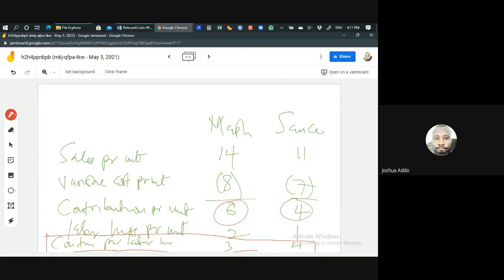Okay. So you can see that sauce has the bigger contribution per the limiting factor, 4. So this will be ranked as number 1, or first, and this is second. It means that our production plan should follow this.